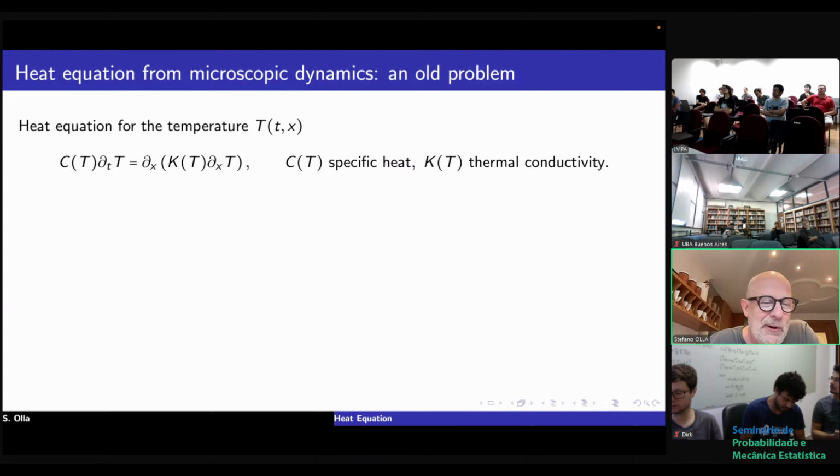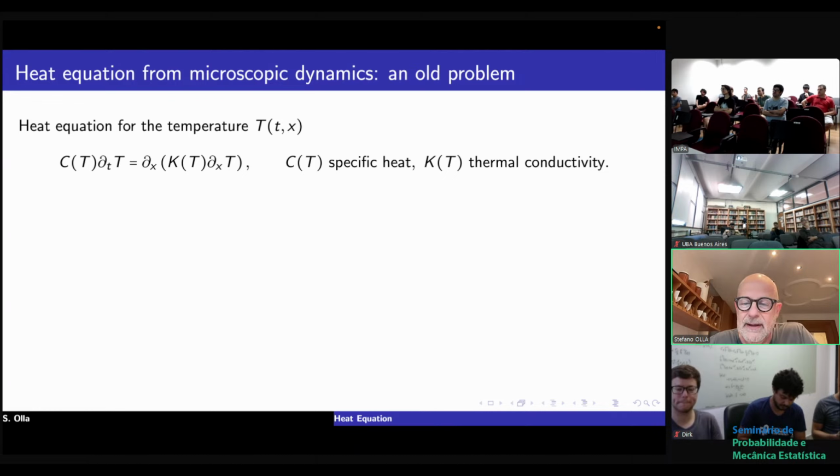Let me say, for many people, Milton already heard this. I'm sorry if I bother you with that, but I don't assume that everybody is familiar with the hydrodynamic limit and with the deduction of the heat equation from microscopic dynamics under diffusive time scaling. So this is the nonlinear heat equation.